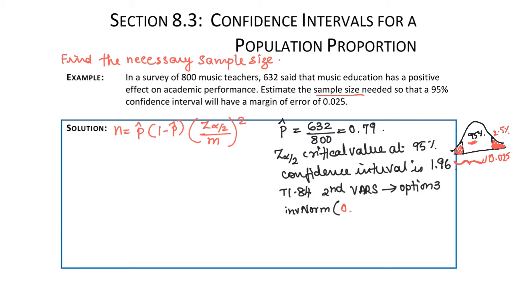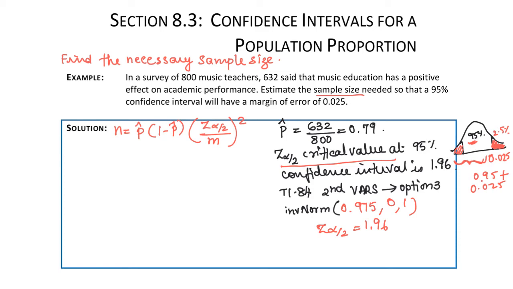So that is 0.95 plus 0.025, so 0.975, then mean mu, sigma. So if you enter that into the calculator, you will get the critical value. Otherwise, you can use the table to find the critical value. So the critical value z alpha over 2 is 1.96.